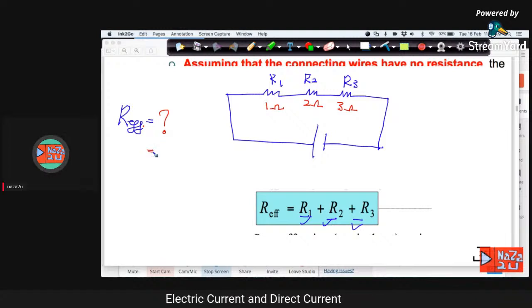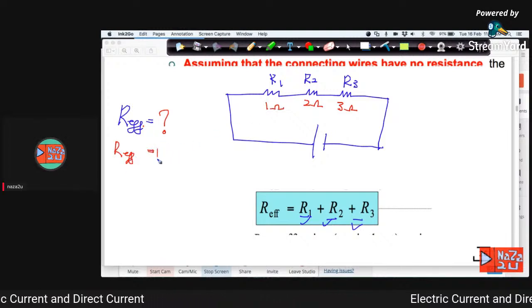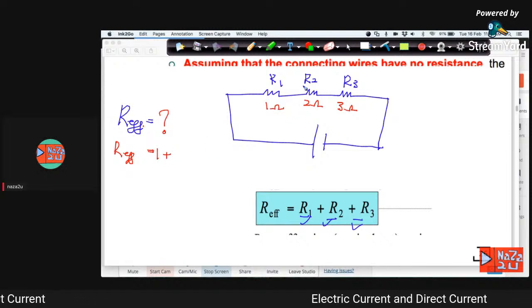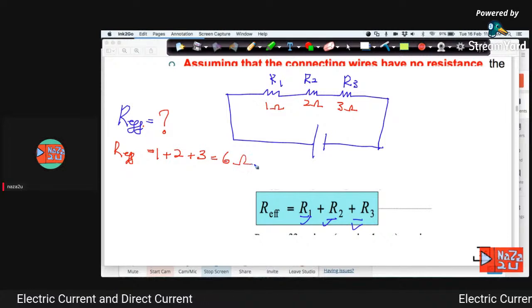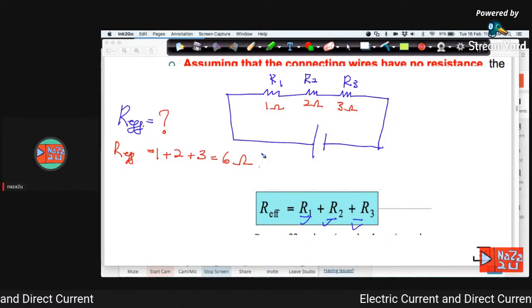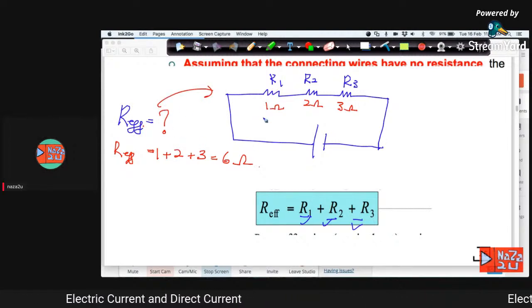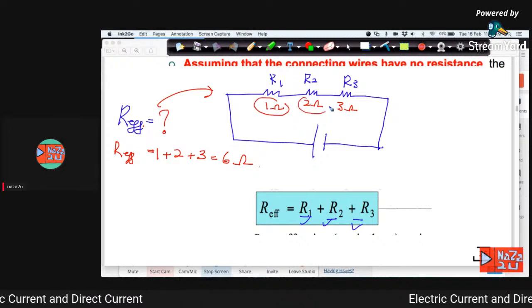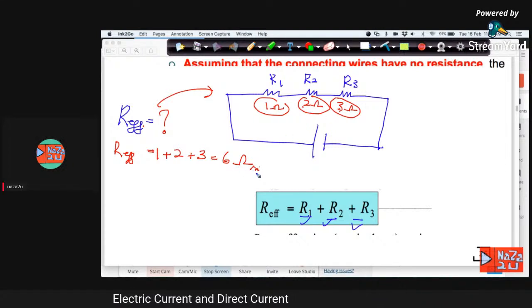So simple calculation, effective resistance is resistor 1, 1 ohm, plus resistor 2, 2 ohm, plus resistor 3, 3 ohm. So this is 6 ohm. So to find the total resistance in the series circuit, you just add the magnitudes of the resistors. 1 plus 2 plus 3 is equal to 6 ohm.